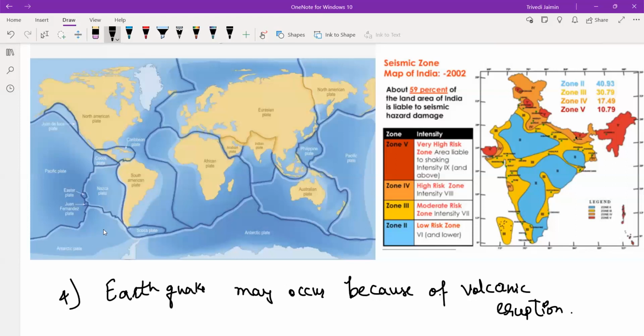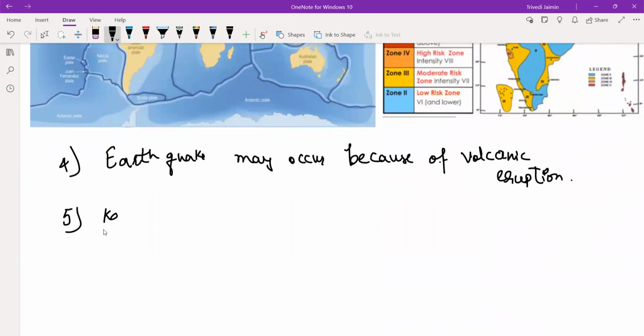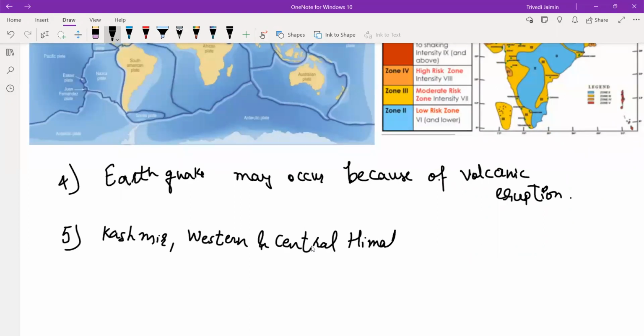Okay, so let's write some names of that. Kashmir, Western and Central, some part of Himalaya, Western and Northeast India.